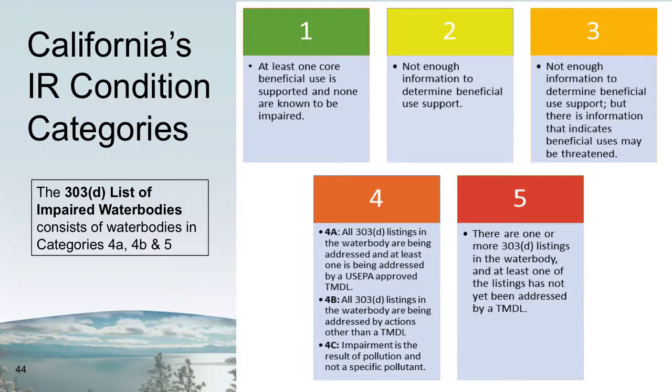I also want to highlight the categories that we put water bodies into again. You saw this yesterday morning when Dave was presenting. He did a version of this table. And there are some slight differences in California, I think primarily pertaining to categories 2 and 3.